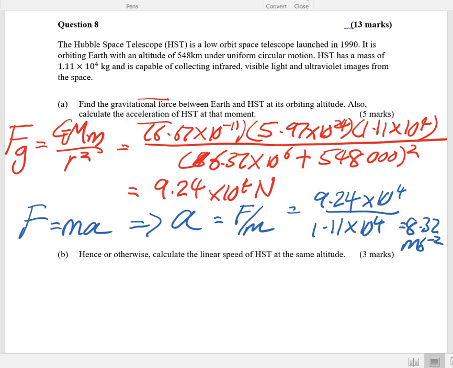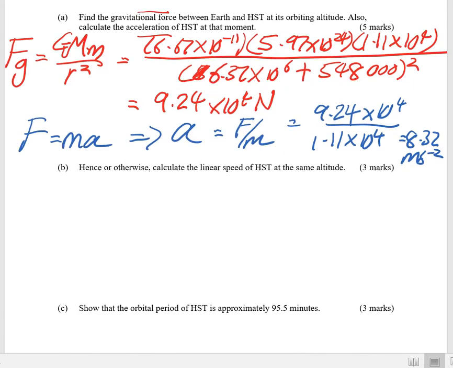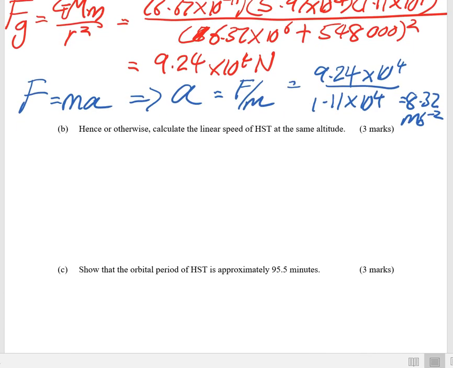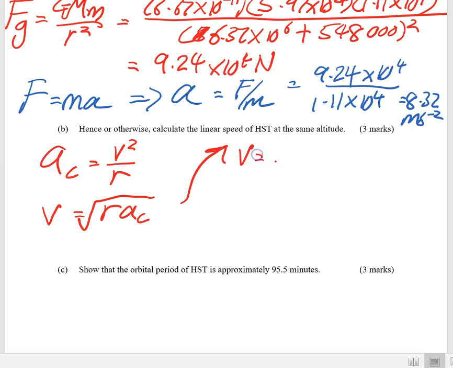The second question asks you this: hence or otherwise, calculate the linear speed of HST at the same altitude. What is the speed? If you have the acceleration already, one way of doing it is by relating these two formulas. If I want to find the speed, I take r multiplied by the centripetal acceleration, then take the square root of it. So v equals the square root of r times a. r again is the tricky part.